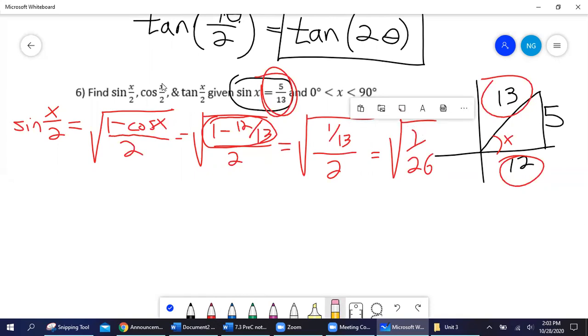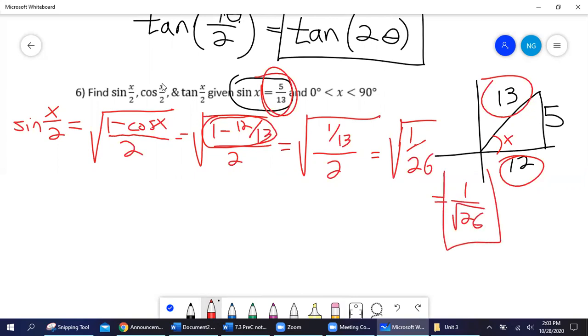Let's make that 1 look a little better. You could take the square root of 1, but you really can't take the square root of 26 nicely. And no need to rationalize it. We'll leave it like that. So there was the sine of x over 2.